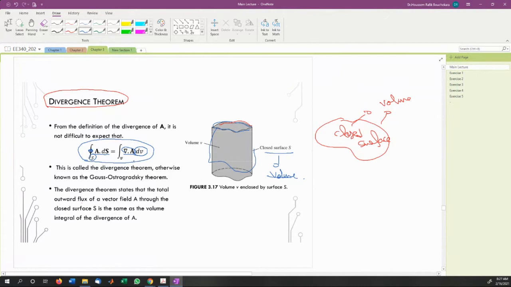Okay, the volume integral of the divergence of A. واضح يا شباب؟ الانتجرال او الفلكس through a closed surface هو الفوليوم انتجرال of the divergence of A. This is the Gauss-Ostogradsky or the divergence theorem, which is very important.